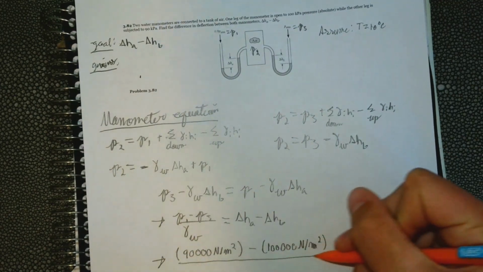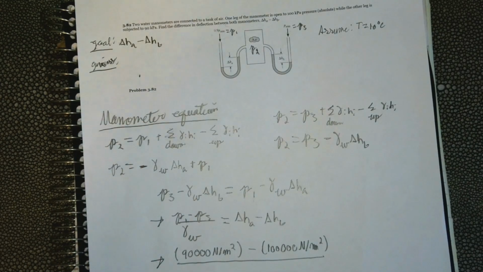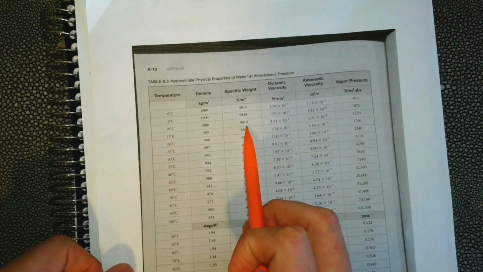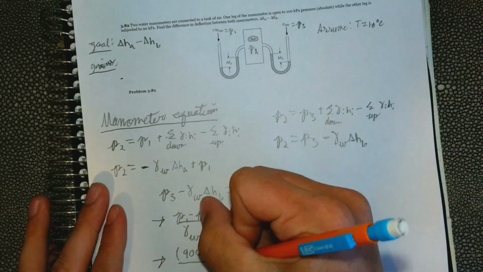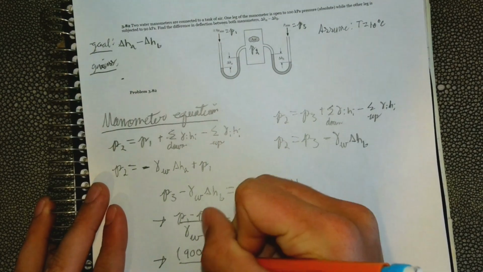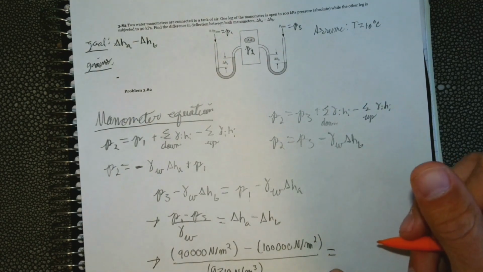Put that over the specific weight of water. From the textbook, if we're assuming the temperature is 10 degrees Celsius, it's 9810 newtons per meter cubed, and that will equal the deflection.